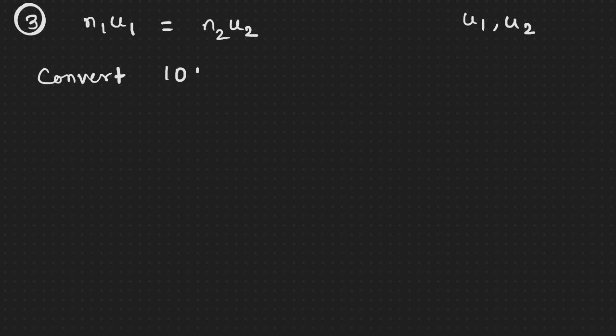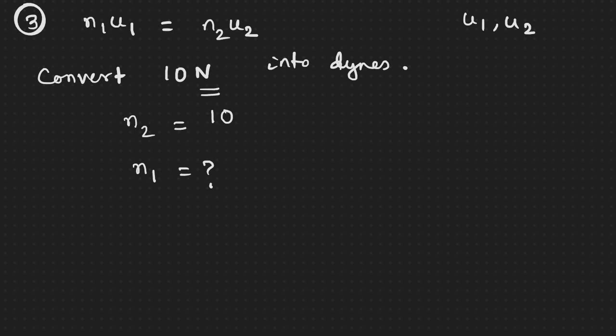Convert 10 Newton into dynes. How to convert it? Now we know that if we need to convert, we have to write that N2 equals 10. We need to derive what N1 is. And what is U2? U2 is in Newton, right?